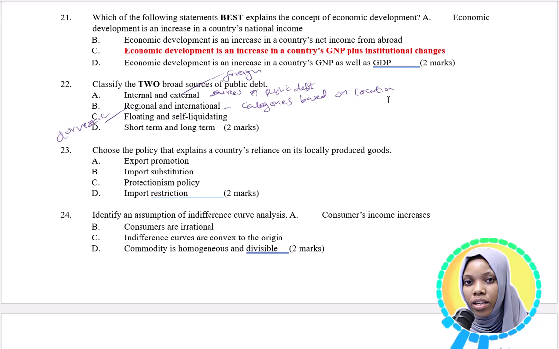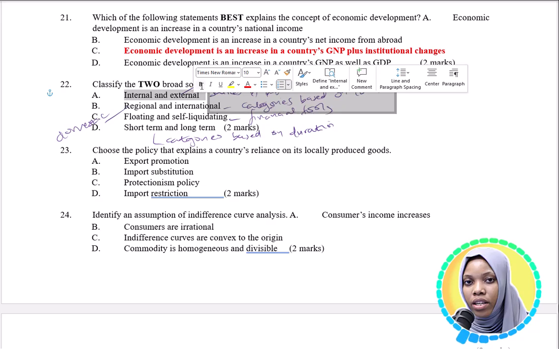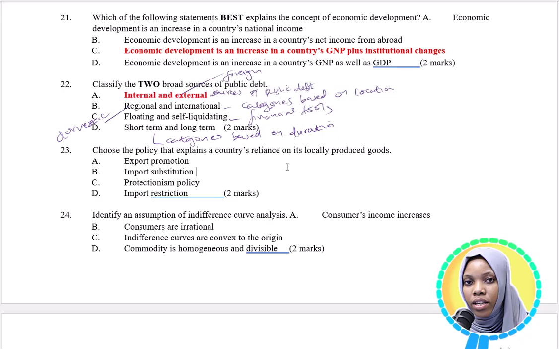And then floating and self-liquidating, we can say are financial tools. And short-term and long-term are also categories based on duration. So our answer here, the sources of public debt are the internal and the external. Our answer is choice A.